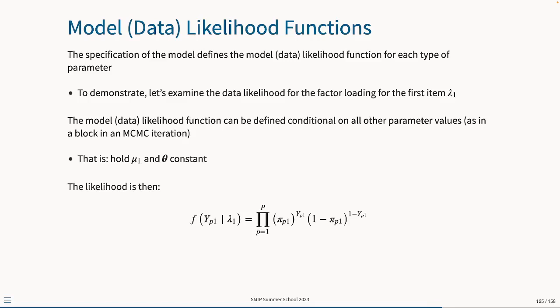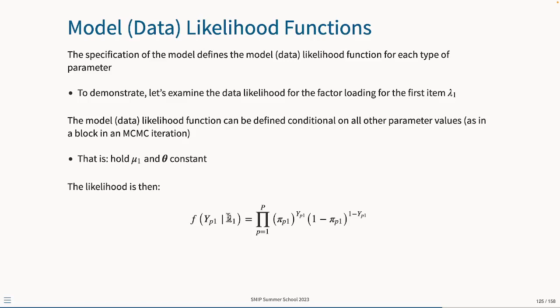Remember in Bayes' theorem yesterday, we said the probability of A given B is equal to the probability of B given A times the probability of A. That first term, the probability of B given A, is our model data likelihood. And the same thing happens from IRT. What we're after in estimation, and this is just one factor loading here, we will do this for all other factor loadings.